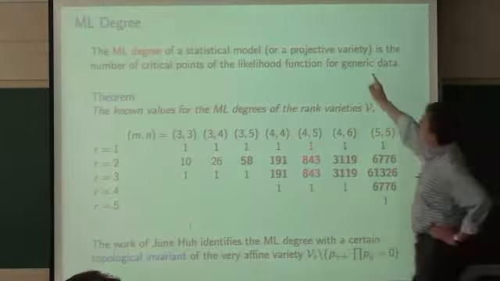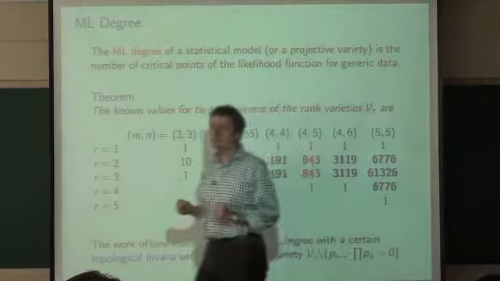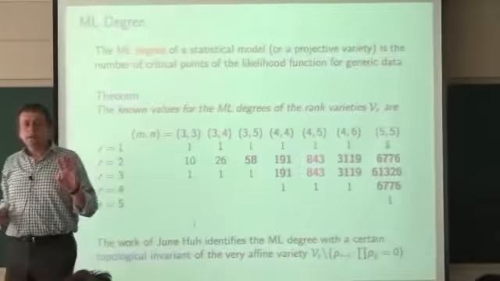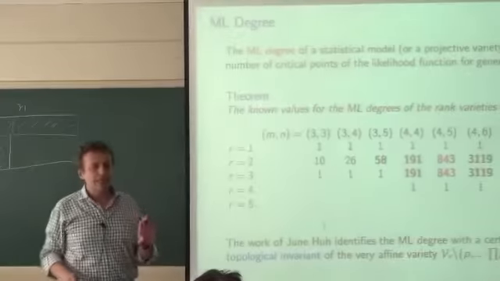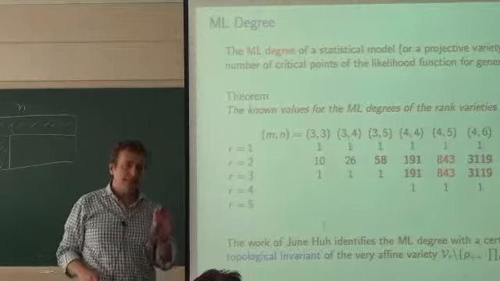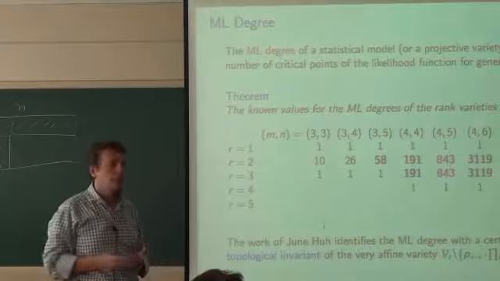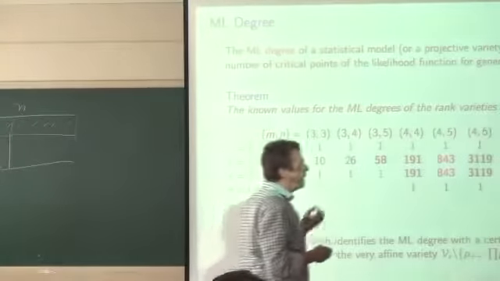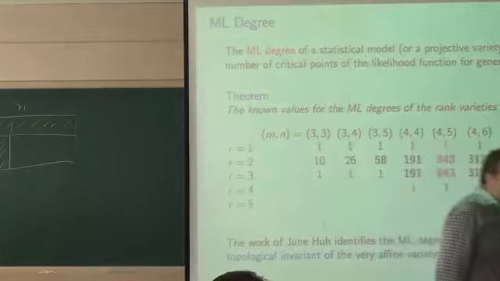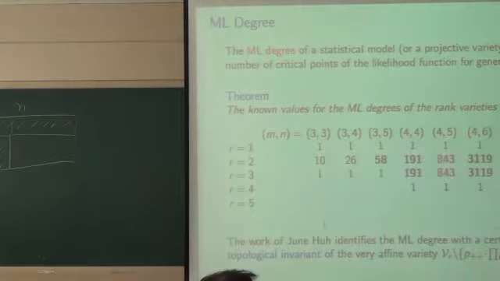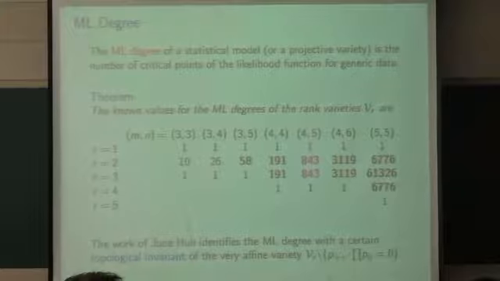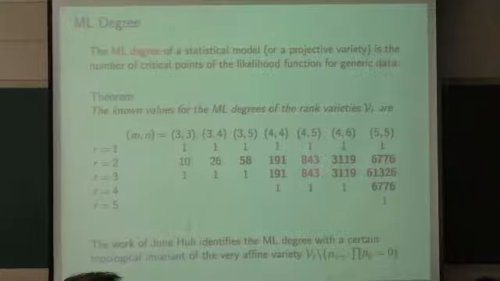Now what do I mean by a projective variety? Statistical models for discrete data, the ones that get most used, in particular in computational biology, always either have a polynomial representation or they can be reparametrized to have a polynomial representation.